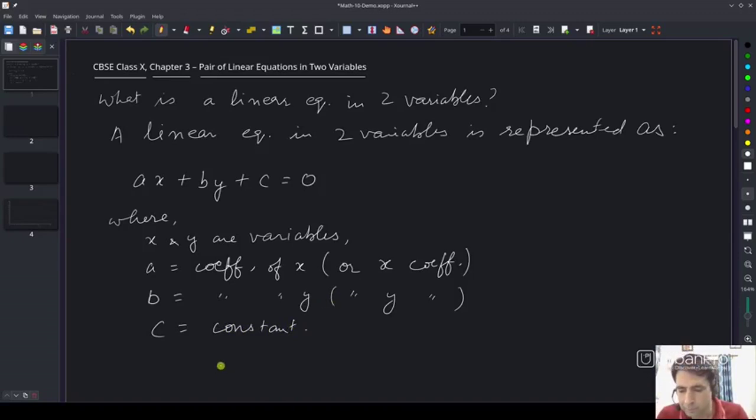Now, graphically this equation is represented as, let me make a graph.